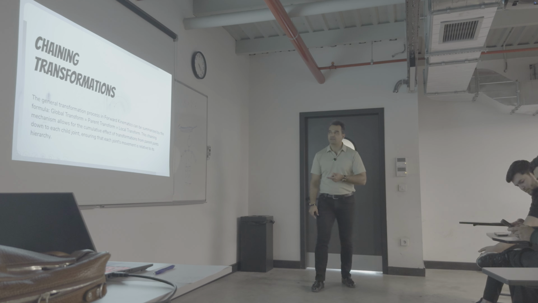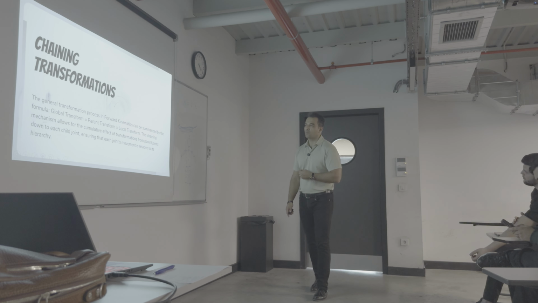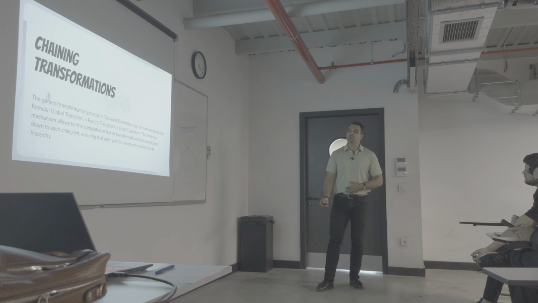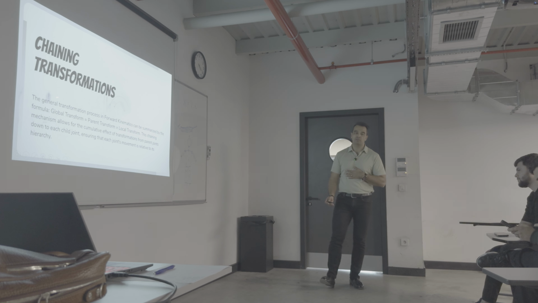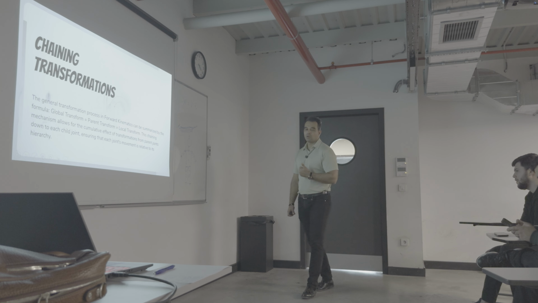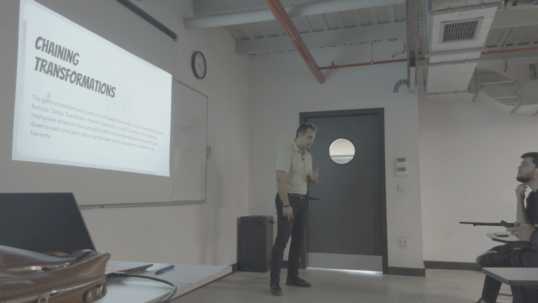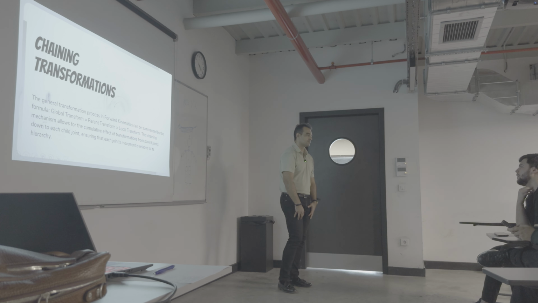And the other one is the chaining transformations. When we come to the global transform, it consists of the parent transform and the local transform. What was the local transform? The local transform was the movement of the rigid bodies.